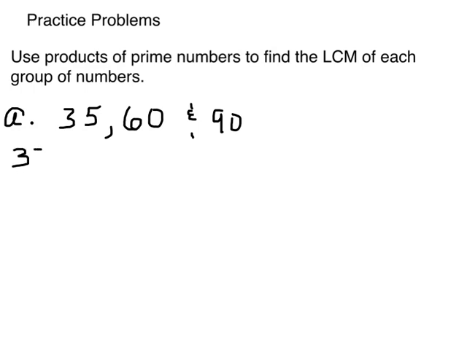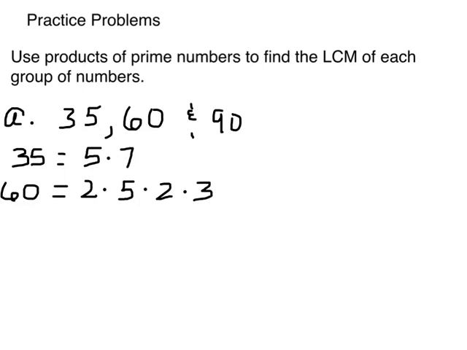So we're going to list each one. 35 is 5 times 7. 60 is 2 times 30, and 30 is 5 times 6. 6 is 2 times 3, and then 90 would be 2 times 45, and 45 is 5 times 9, which is 3 times 3.